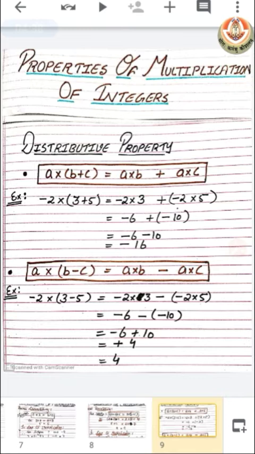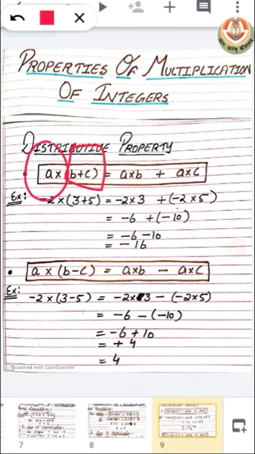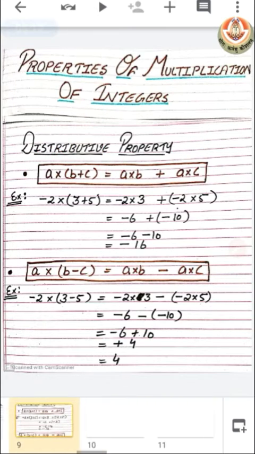Again, when two integers are added and their sum is multiplied with the third one, then we can also solve this problem by distributing a with b as well as c: a into b, then put a positive sign, and then a into c. Similarly for the case of negative, this is our distributive property.